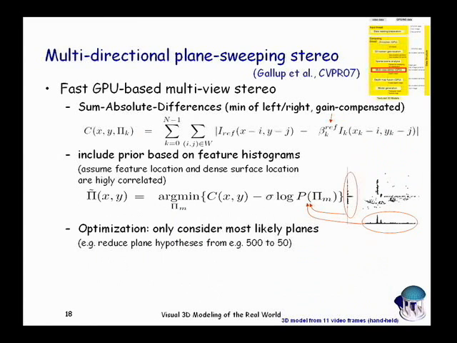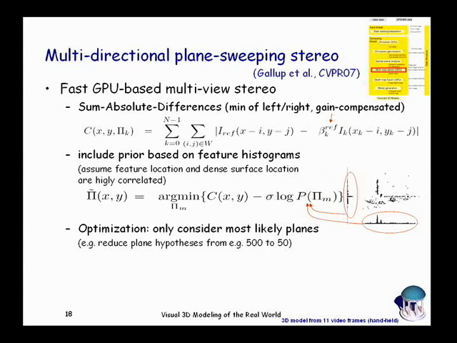OK. So basically, going back to the stereo algorithm, what we do now is, again, same thing, sum of absolute differences, left, right, and gain compensated. We can also now include priors, because we have now looked at the structure of the scene.